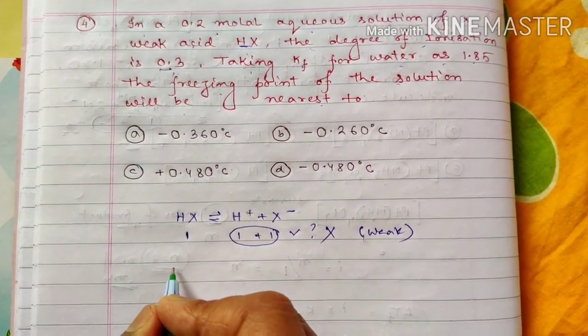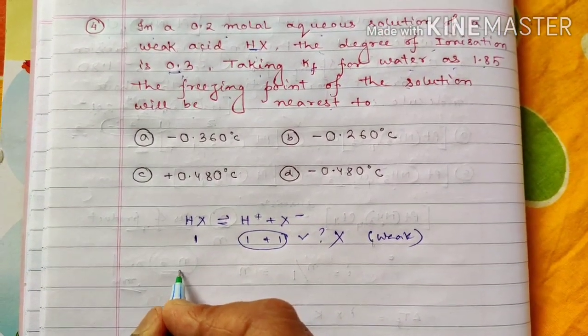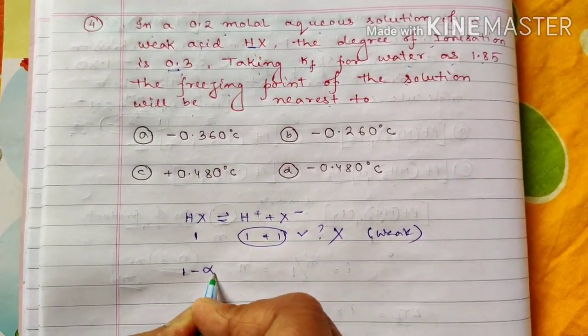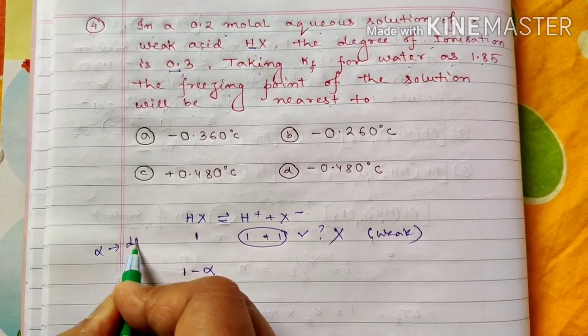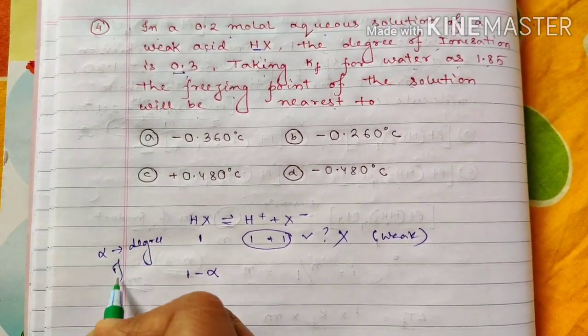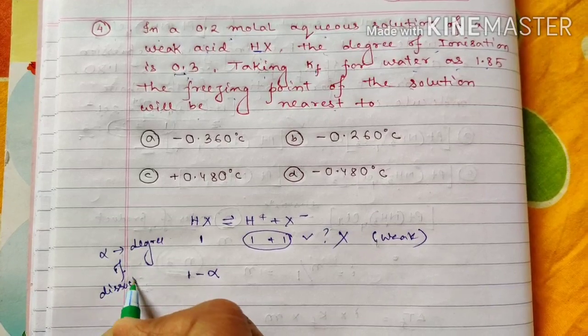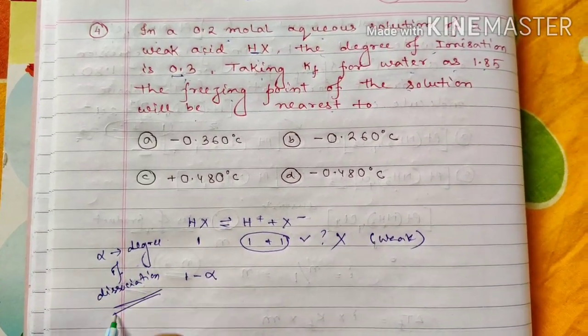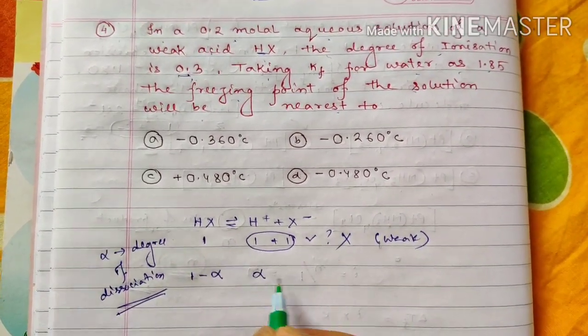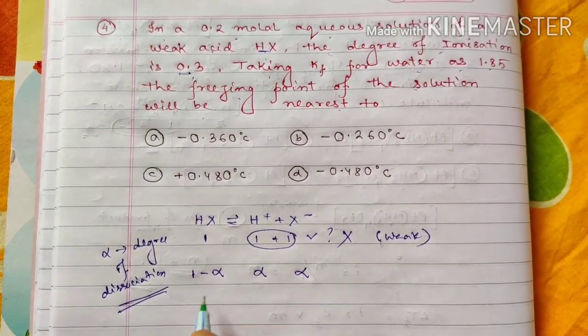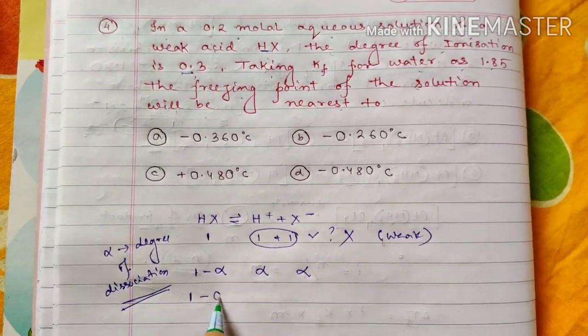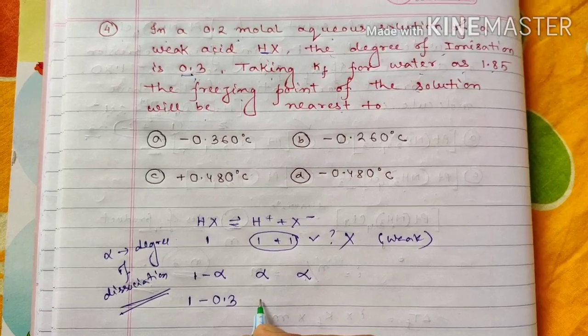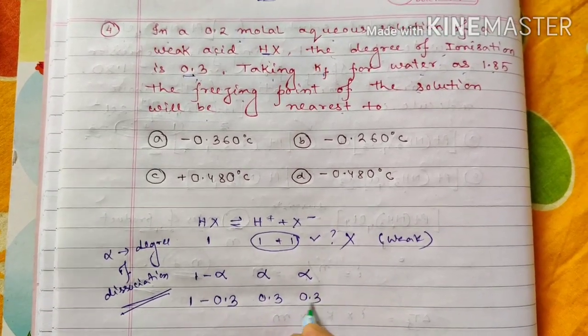So we can remember in class 11 ionic equilibrium, we used to write 1 minus alpha, where alpha is the degree of dissociation. Then it should be alpha and alpha. Here also similarly, it should be 1 minus 0.3, and it is 0.3 and 0.3.